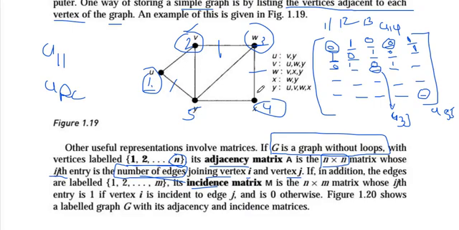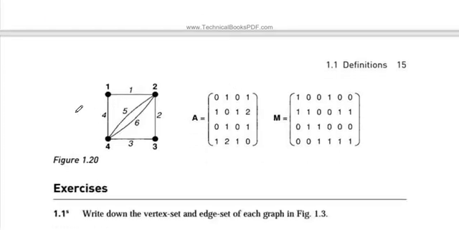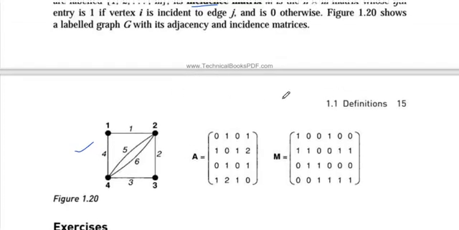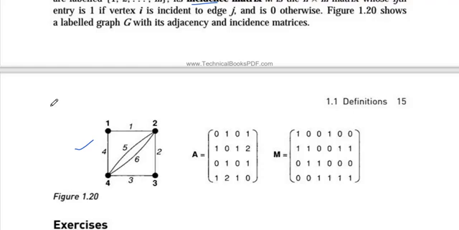So let's start with this given example so you can get a better idea. Adjacency matrix. Here they have given the vertex names as 1 2 3 4. Here our first entry is 1 1, first row, first column.